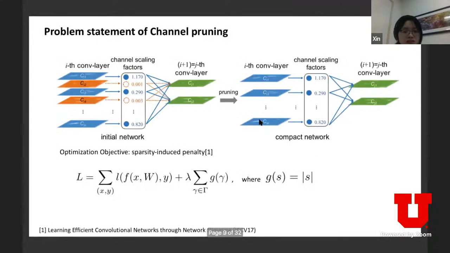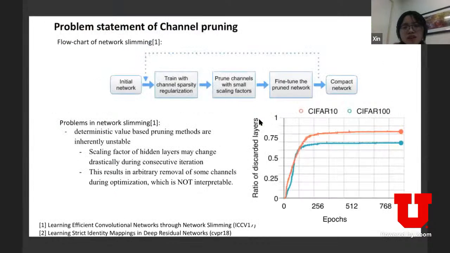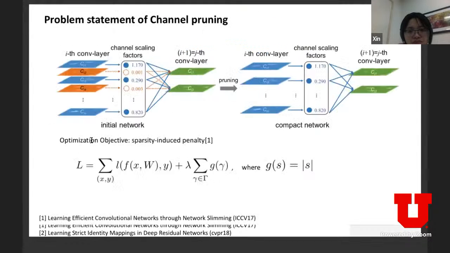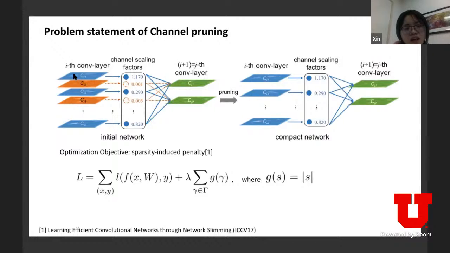Okay, so this paper has a very high citation, so it's a very popular method for channel pruning, but it still has some drawbacks. The problem is stability. Actually this method is not stable. As we discussed just now, for example in the first batch we can get a scaling factor like 1.170, then in the next batch maybe this scaling factor would become close to 0.